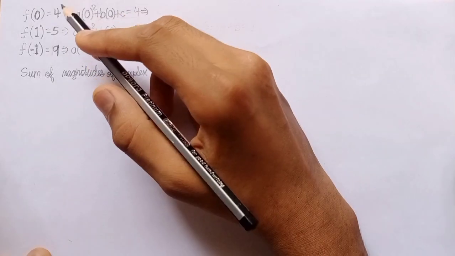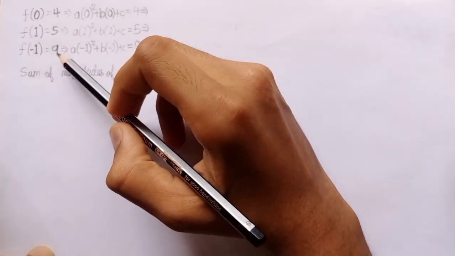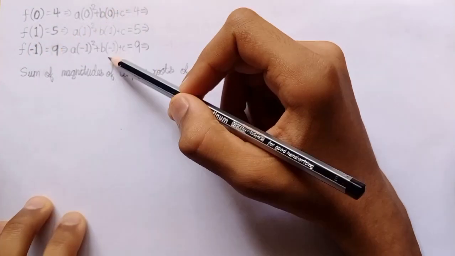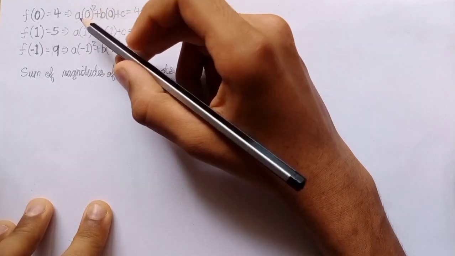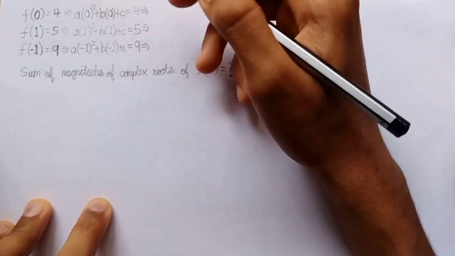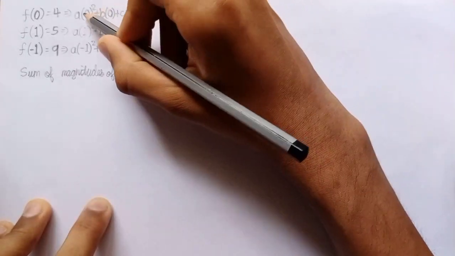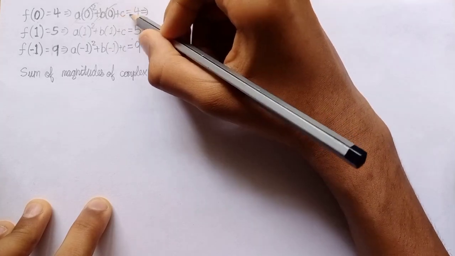So this is the arrangement we have left. f of 0 is 4, f of 1 is 5, and f of minus 1 is 9. So if we take a look at each equation, we can solve the system of equations. So we have this one. a into 0 squared is a into 0, which is 0. So forget this. b into 0 is 0. And we have c, which is 4.